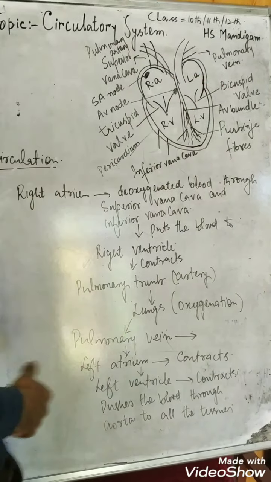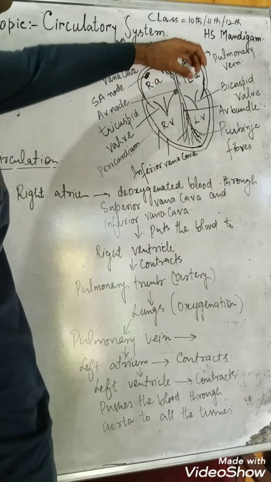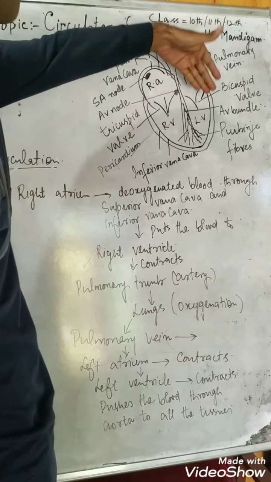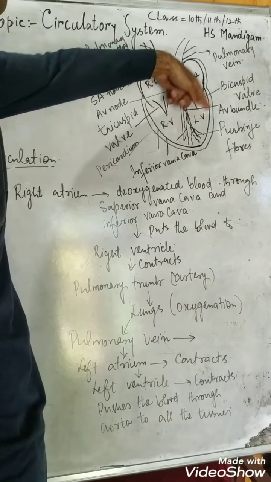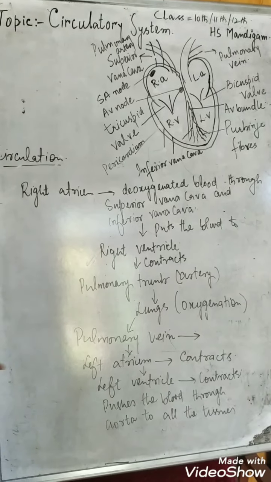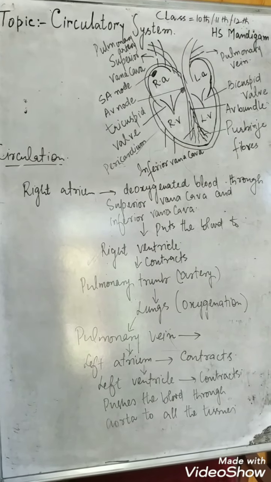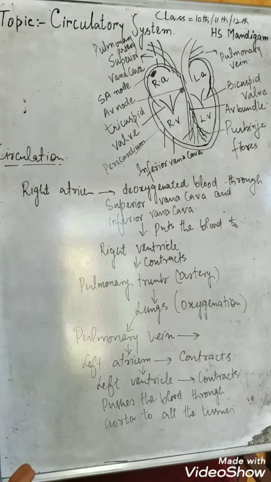Once it contracts, the bicuspid valve or the mitral valve opens and the blood is pushed down into the left ventricle.